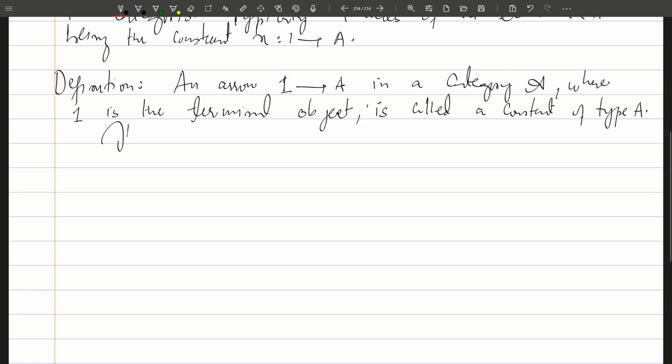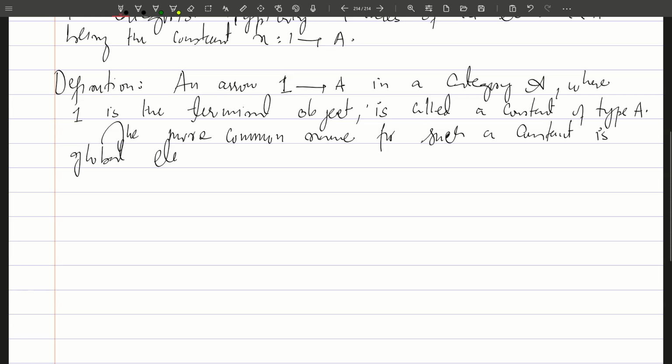So a global element is an arrow from 1 to A in a category where 1 is the terminal object.